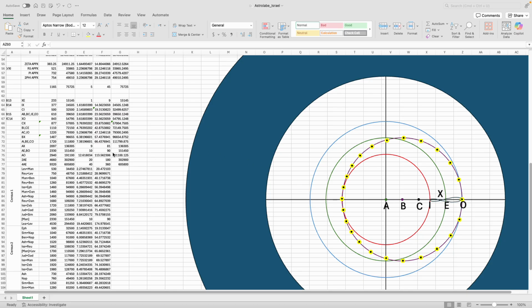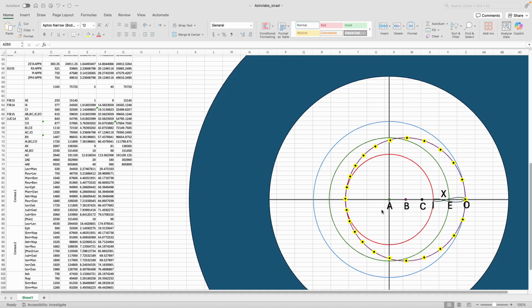minus 23.5 degrees is going to be equivalent to our distance from, I got all messed up here, from A to I here. Well, let's just say we know that 90 minus 23.5 degrees is going to be this figure right here.